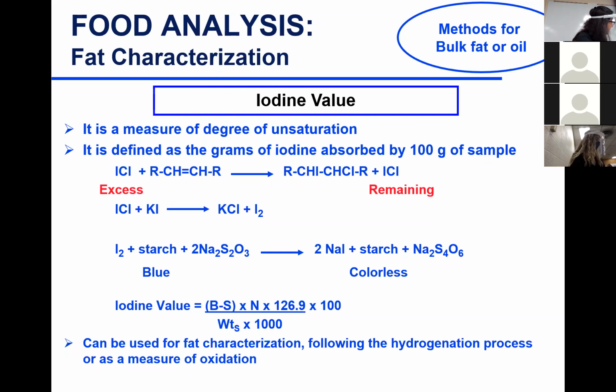Now, another thing is it can also indicate degree of oxidation. So let's say in the lab, theoretically, you will find a lower iodine value for crude olive oil. So what does that mean? That means the crude olive oil underwent some oxidation that broke down some of its double bonds.